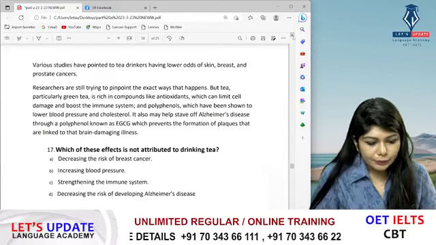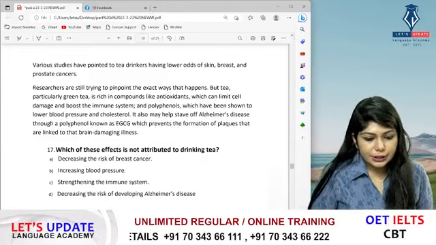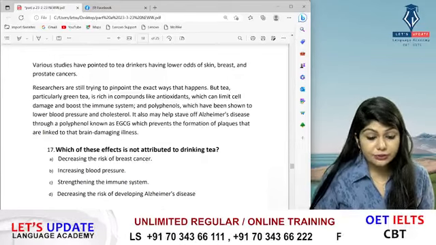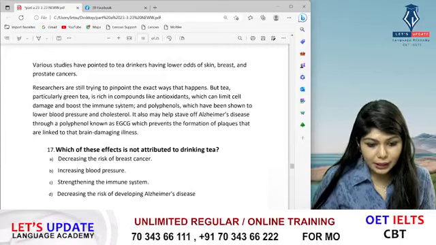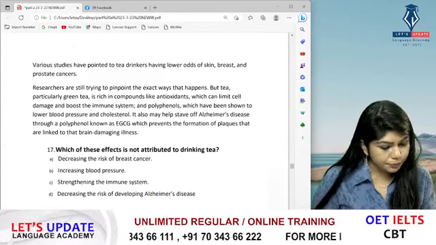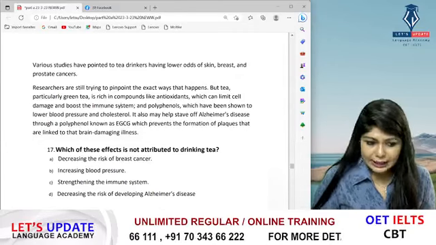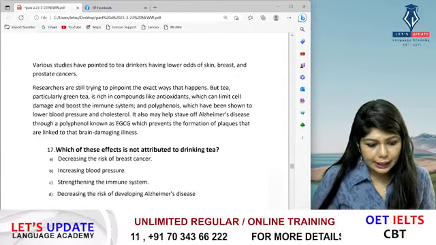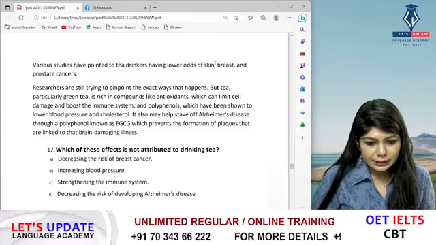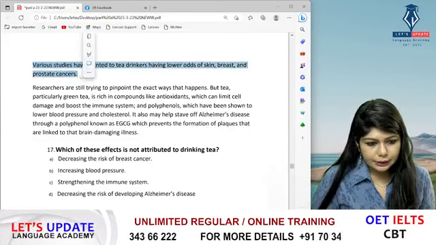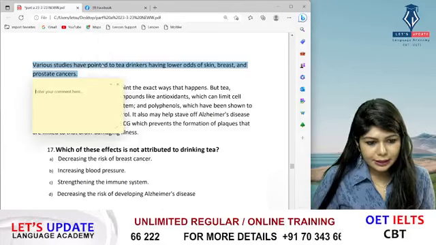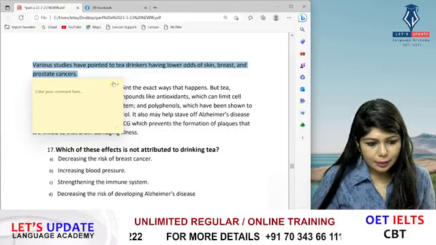Let's look at these options and see which of them is mentioned. Looking at option A, decreasing the risk of breast cancer, is that mentioned? Yes, that is mentioned in the beginning, so I'll highlight it in green because it is actually mentioned.